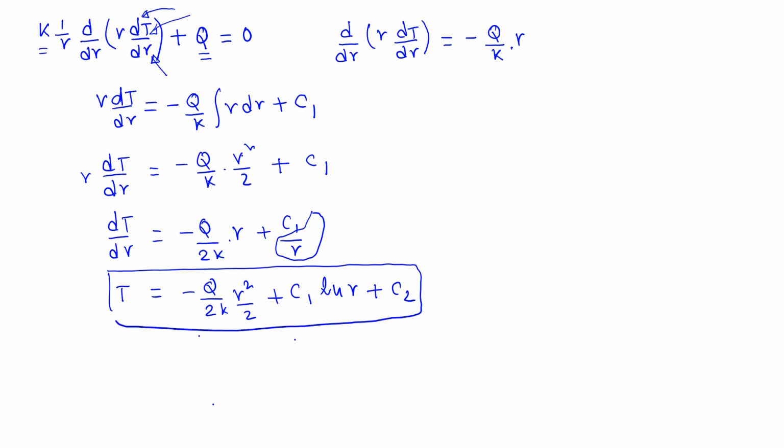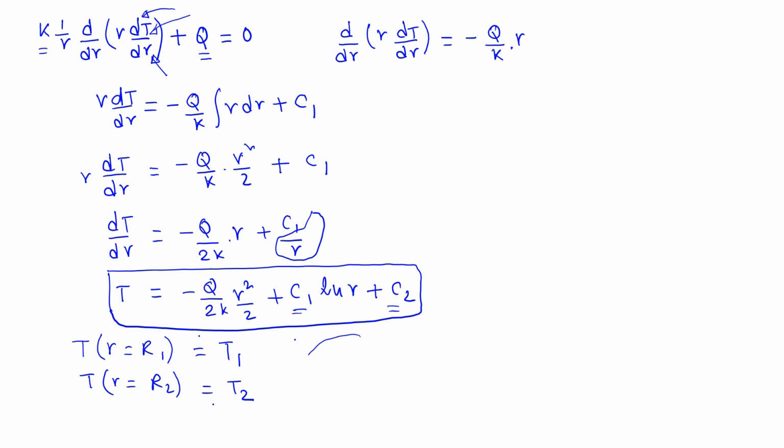We still have c1 and c2 as unknowns, and again we use the simple boundary conditions: T at r equal to r1 is T1, and T at r equal to r2 is T2.